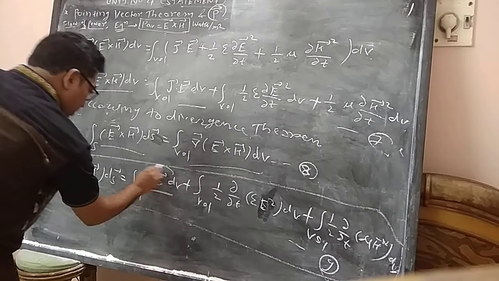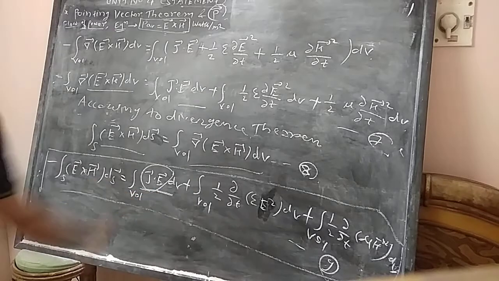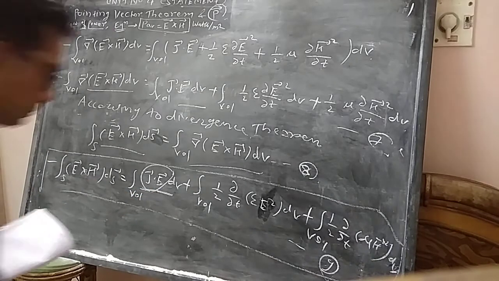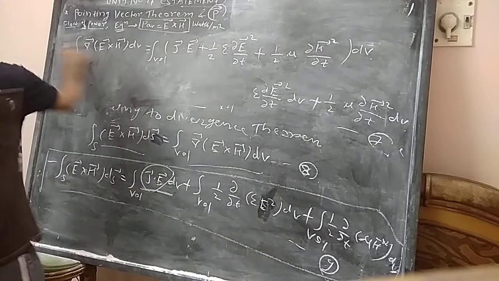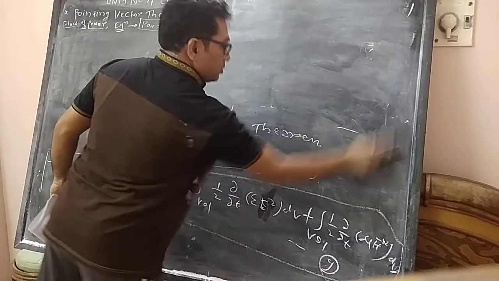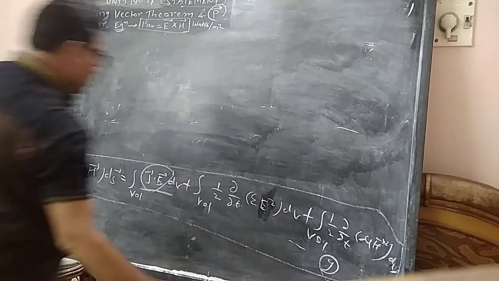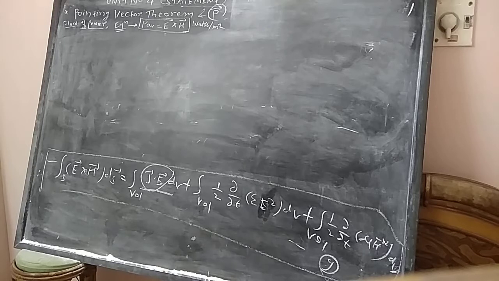So this term always gives the power with respect to volume, so power per unit volume at a point. Therefore, I am just figuring out what is the meaning of the individual terms of this power vector theorem.